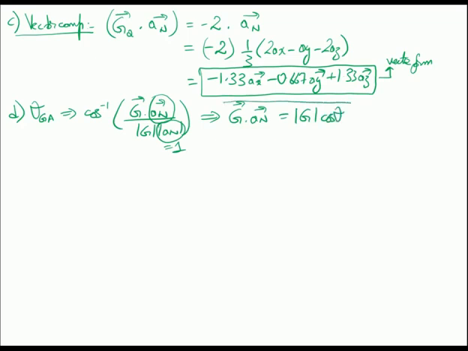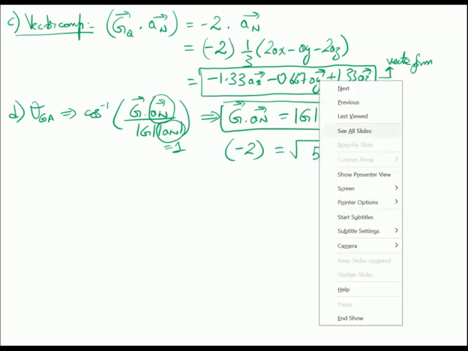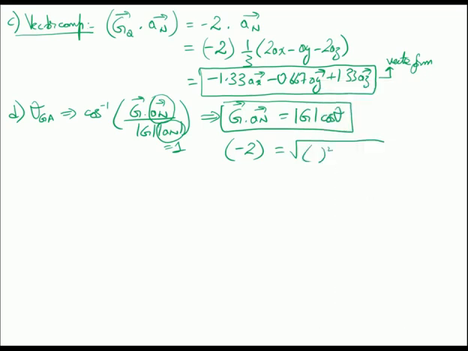This is the basic equation that we have utilized, but the second component is a unit vector, so G dot A of n is minus 2, the scalar component. The magnitude of G means we take the square root of the sum of squares of the values of G at Q: 5 square plus 10 square plus 3 square.